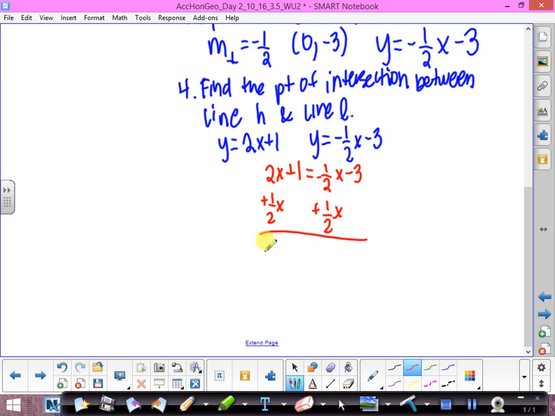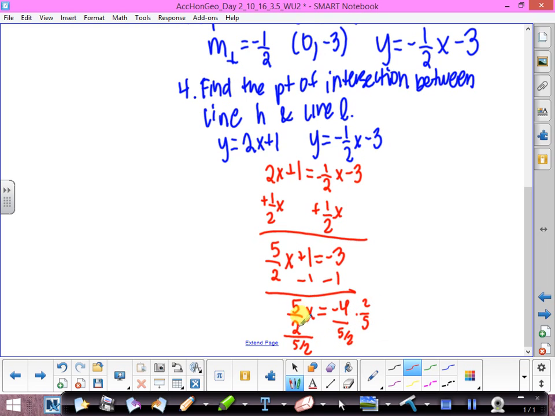So we'll have 2.5 x, which is the same thing as 5/2 x, plus 1 equals -3. Then we subtract 1. So we have 5/2 x equals -4. And then I'm going to divide by 5/2, which means I multiply by the reciprocal, which would be 2/5. So x equals -8/5. So that's the x value.